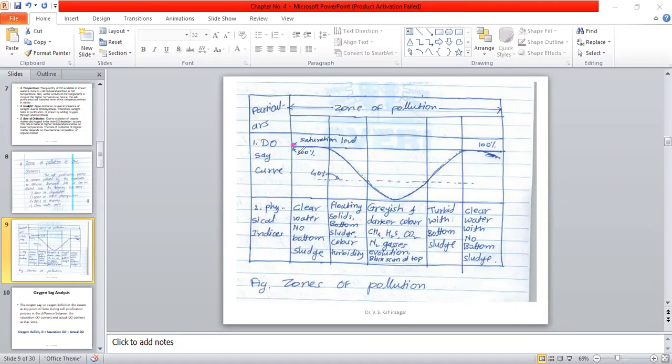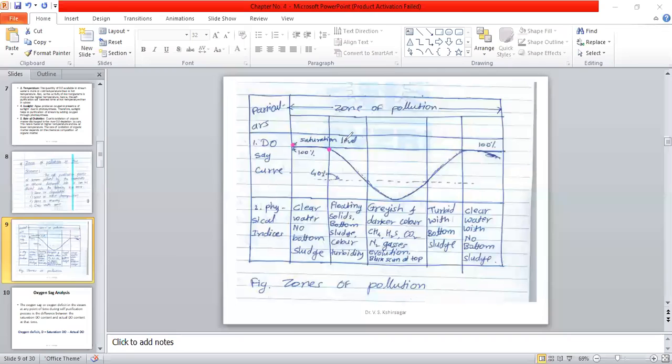If it is saturated, we can say there is 100% oxygen available, so there is no reduction of oxygen. Then, after the sewage is deposited, the microorganisms will take some time to adjust to the new environment, and then they will start the degradation process. From the moment they start, we can count the different zones.